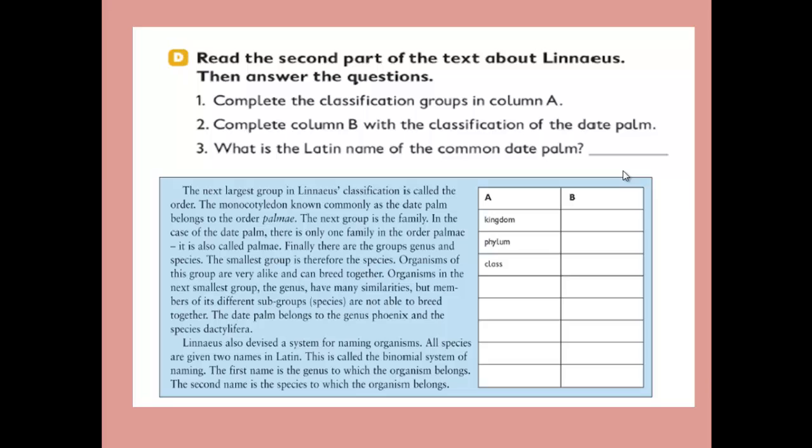Now, practice number D. Let's read the second part of the text about Linnaeus, then answer the questions. We have some questions here. Number 1, complete the classification groups in column A. Complete column B with the classification of the date palm. What is the Latin name of the common date palm?